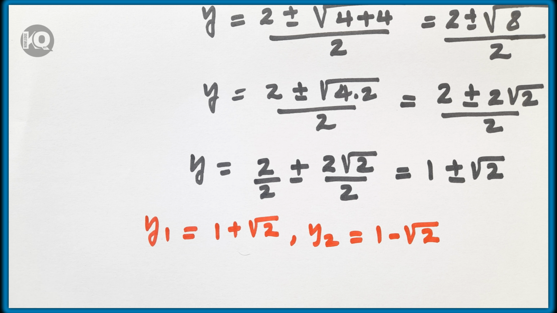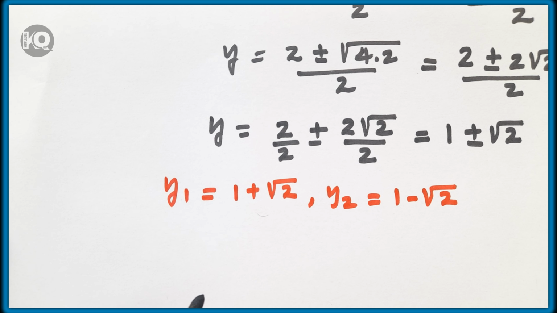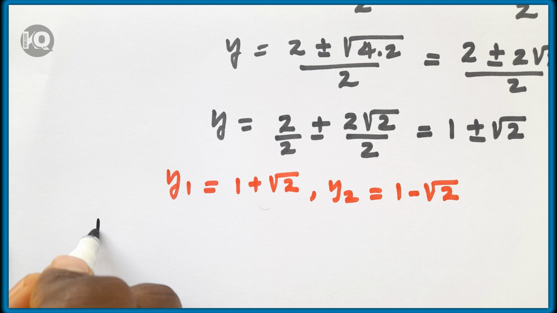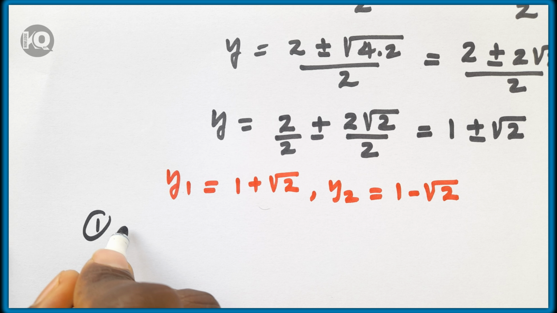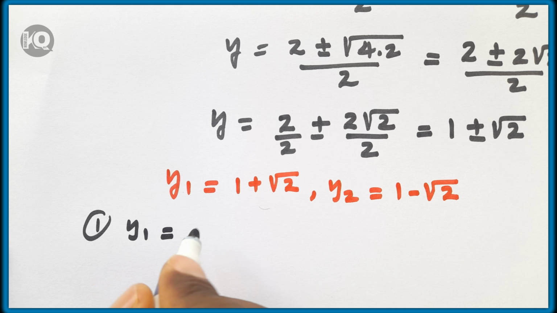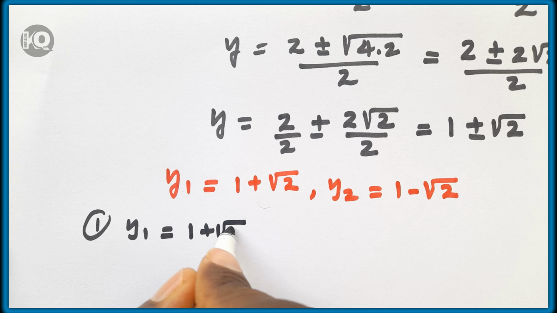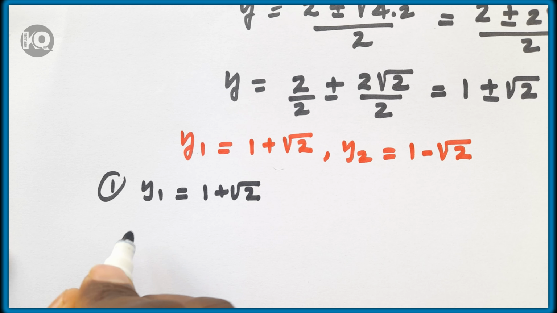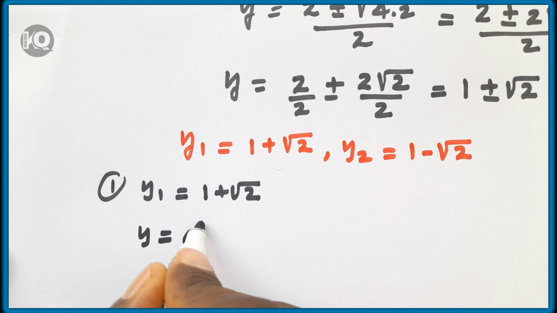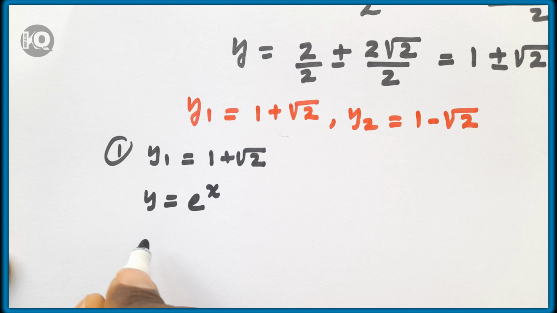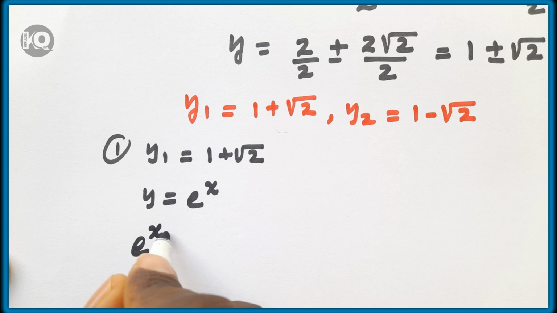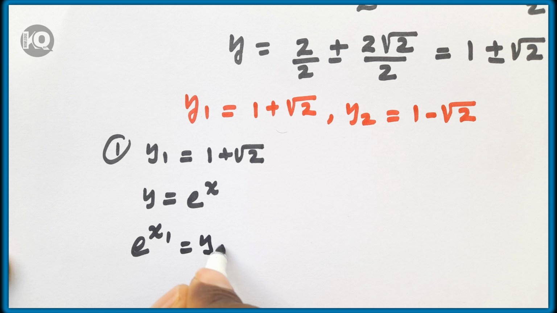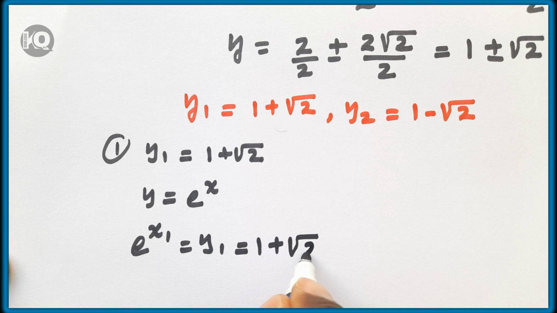Now let's find the value of x by using y1 and y2. Case 1, that's y1, which is equal to 1 plus square root of 2. We have y equal to e to the power of x. So e to the power of x1 is equal to y1, which is equal to 1 plus square root of 2.